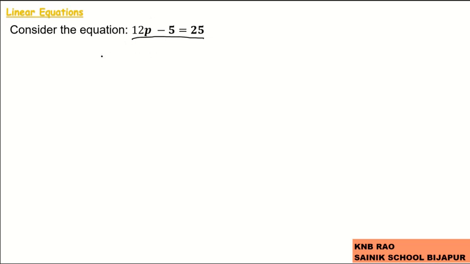For example, if you want to solve this, in step 1 we will add. What we will add? We will add 5, because here is a 5 getting subtracted from the 12p. To remove it we will do adding 5 on both the sides.